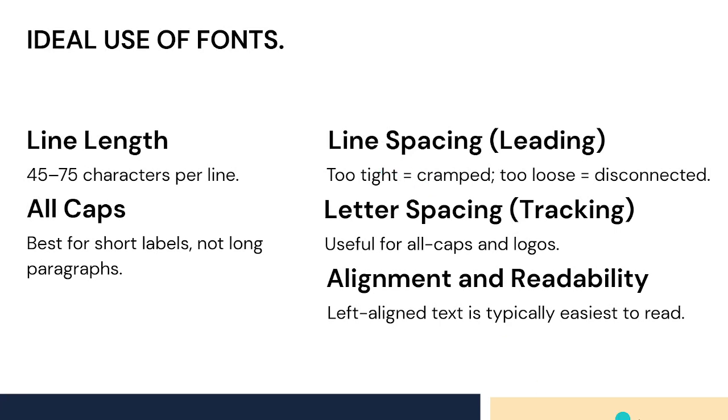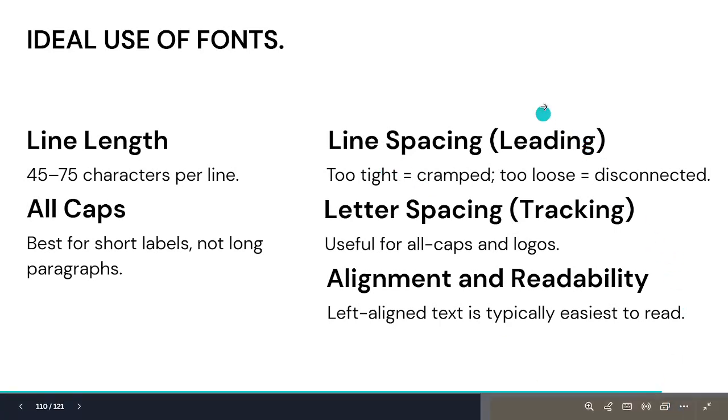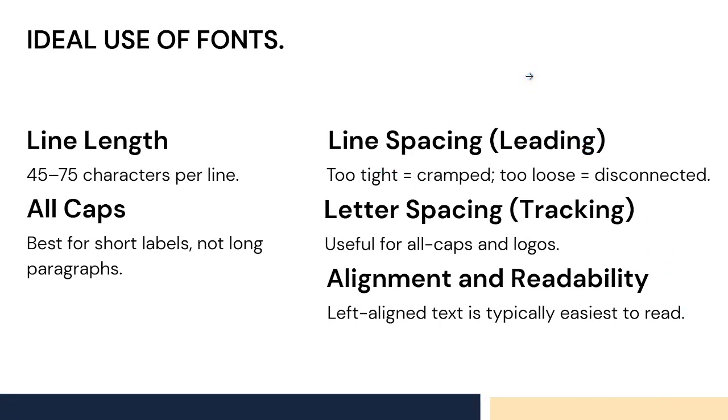So what are the ideal uses of font? In terms of line length, you should have between 45 to 75 characters per line. When it comes to using all caps, like capital letters, it is best to use them for short labels, not long paragraphs.